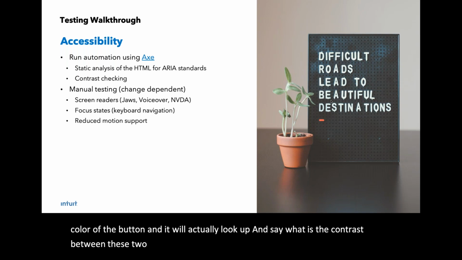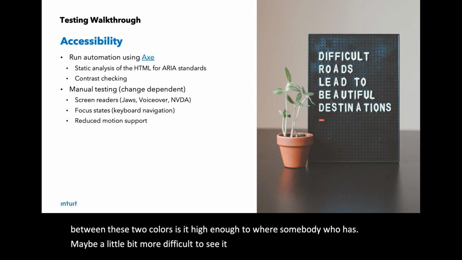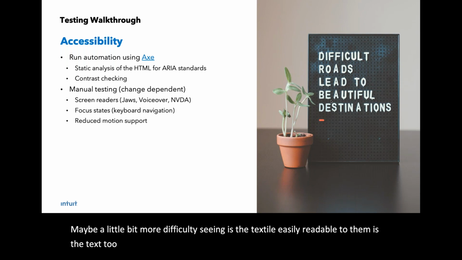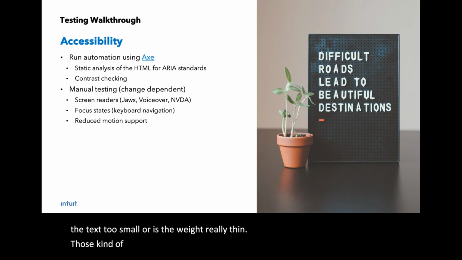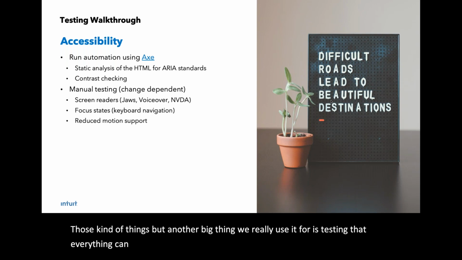Is it high enough to where somebody who has maybe a little bit more difficulty seeing, is the text still easily readable to them? Is the text too small, or is the weight really thin? Those kind of things. But another big thing we really use it for is testing that everything can be labeled properly or has the right ARIA attributes if needed.